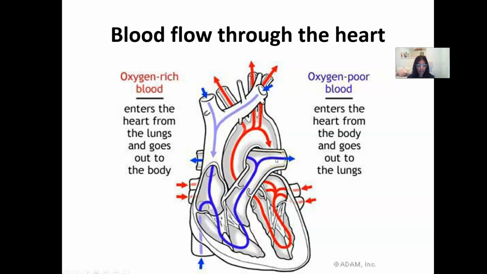Blood will then become oxygenated. Blood will then enter from the pulmonary vein here and enter into the left atrium. Blood will then flow from the left atrium over the bicuspid valve into the left ventricle. Blood is then squeezed out through the left semilunar valve, through the aorta, and oxygenated blood will then move around the body.